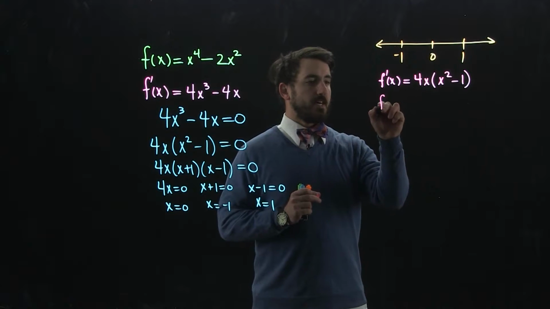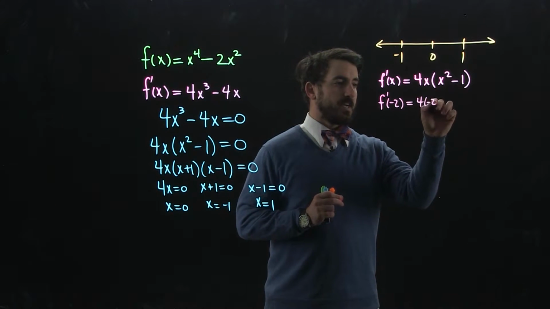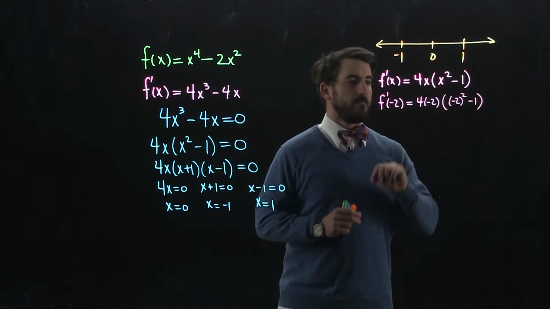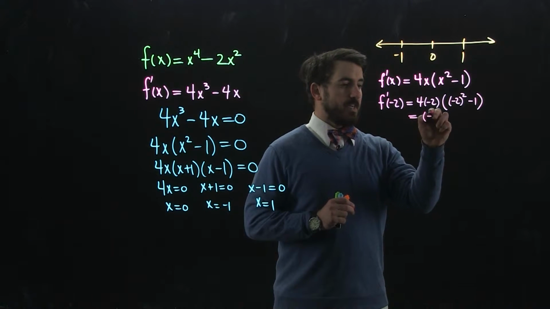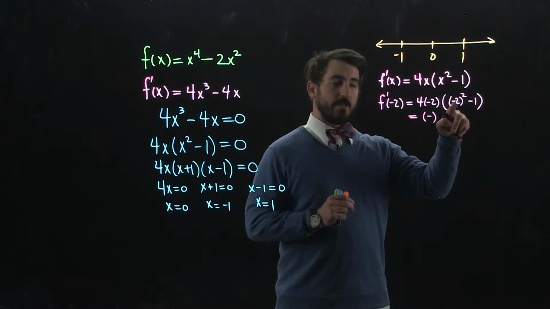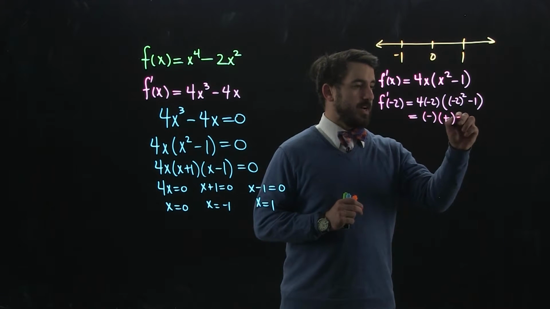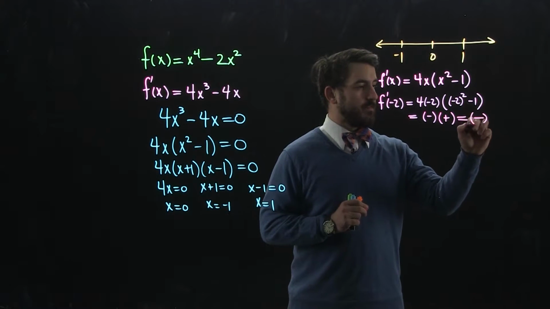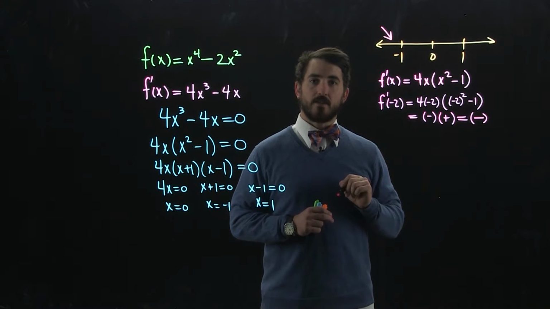So first one I'm going to test is f prime of -2. So that's 4 times -2 times -2 squared minus 1. The first factor is going to be negative, and the second factor, that's 4 minus 1, is positive. So that makes this whole thing negative. So that means this function is decreasing on this interval.